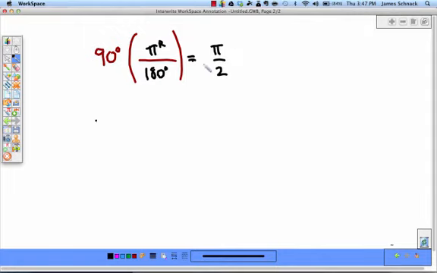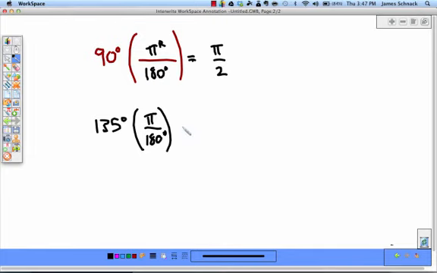Exactly. We could put that into the calculator, push the pi button, divide by 2, and that will get us a decimal approximation for that many radians. How about 135 degrees? To convert that to radians, we multiply by pi over 180. Pi radians is equivalent to 180 degrees.